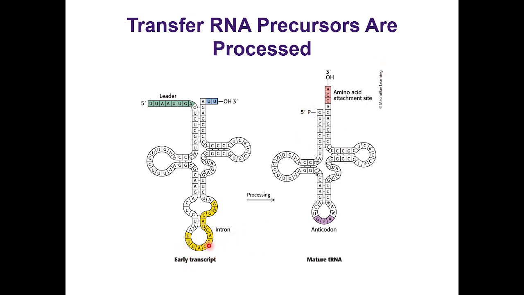The intron is actually going to be removed here. This is going to leave us with the anticodon here, which would match the codon on the mRNA, right? Okay. And this right here was then going to get processed to the amino acid attachment site. Notice that this is a change from the previous ending. See that? Yeah. Okay. And then what exactly does that do?